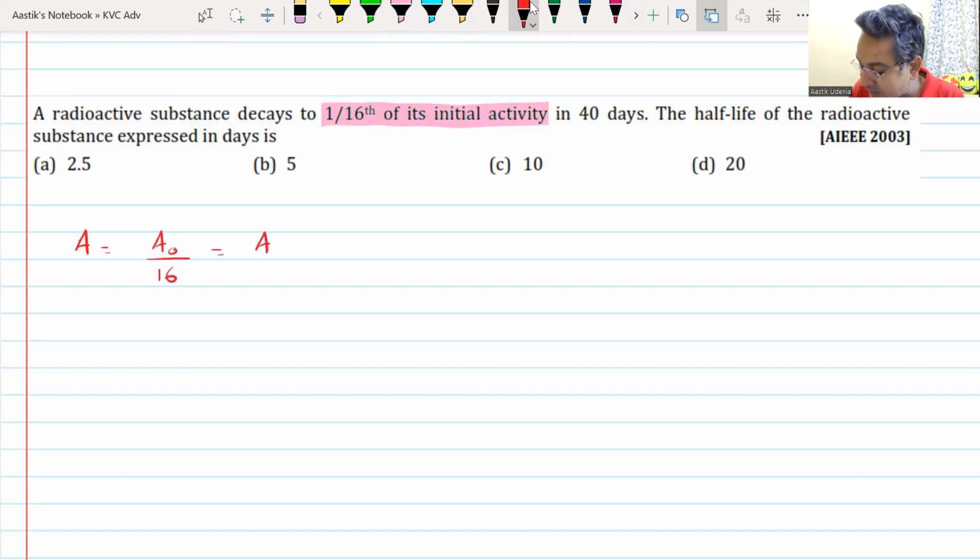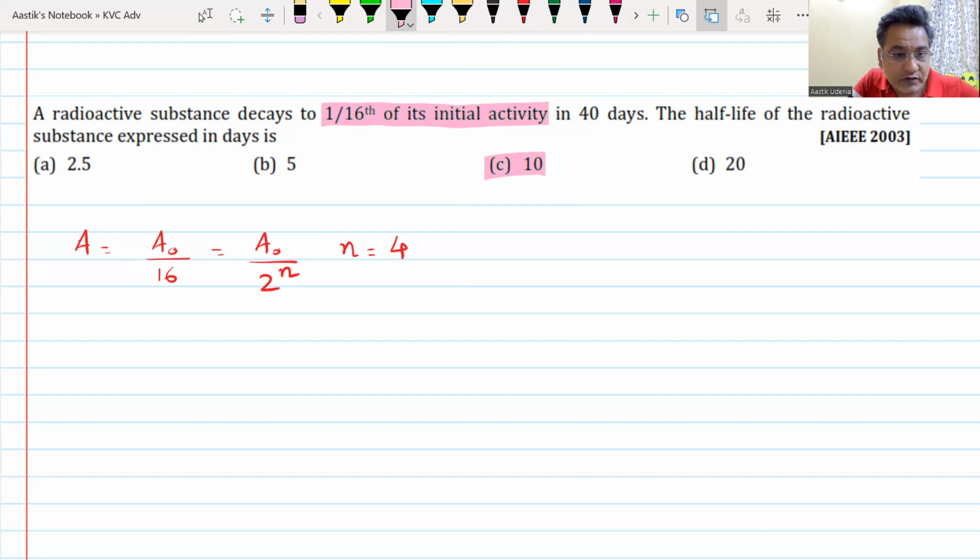You can write it as A0 divided by 2 raised to the power n, where n is equal to 4. Number of half-lives is 4. 4 half-lives is 40 days, so 1 half-life would definitely be equal to 10. That is the answer. I hope you understand this.